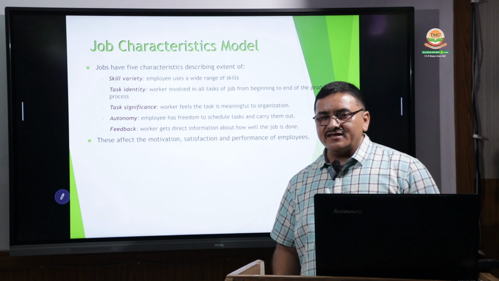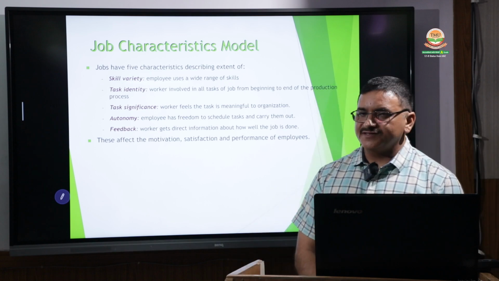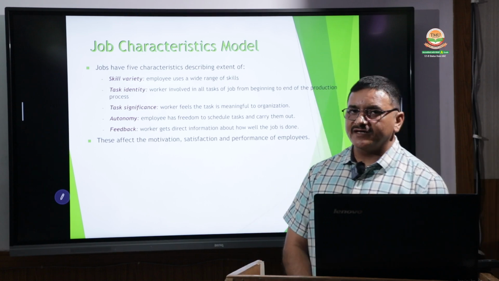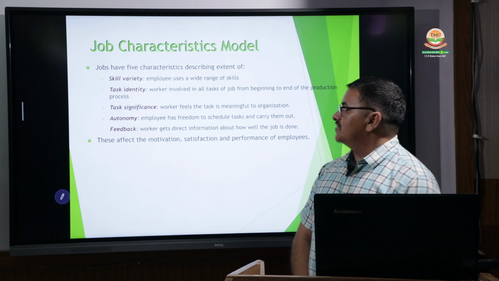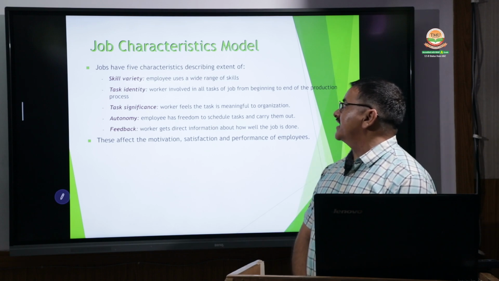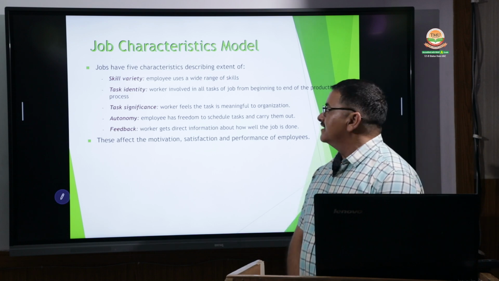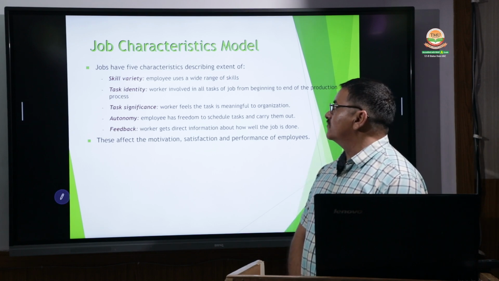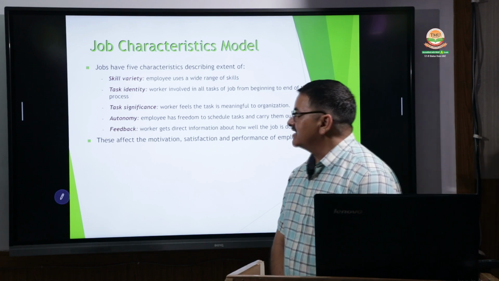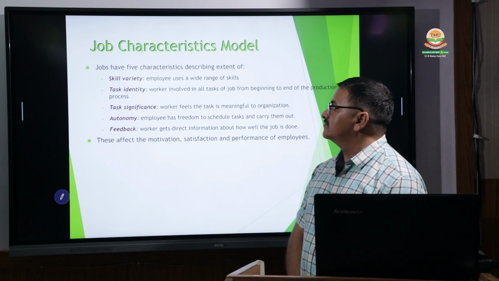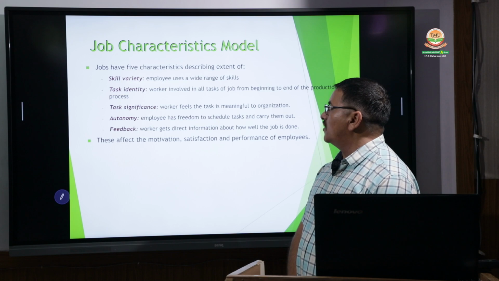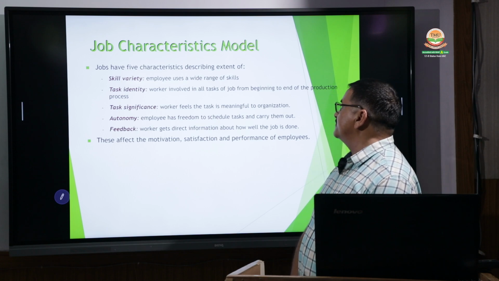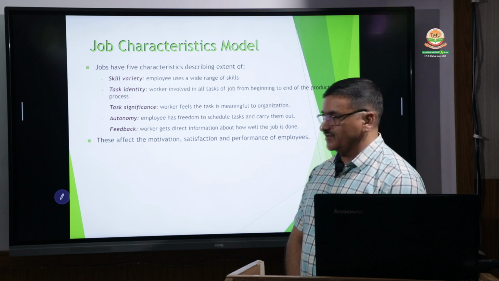Now, before designing all the types of marketing organizations or structures, we also have to take into consideration the job characteristic model. Jobs have five characteristics. Skill variety describes the extent to which the employee uses a wide range of skills. Task identity is where workers are involved in all tasks of the job from the beginning to the end of the production process.